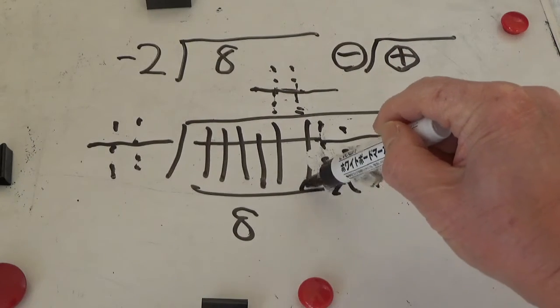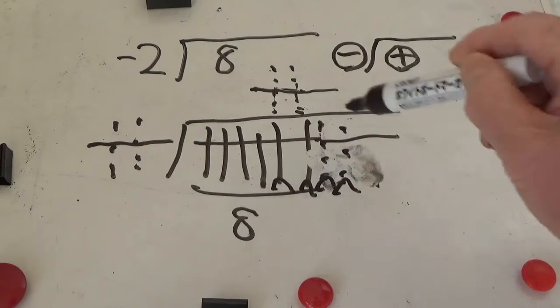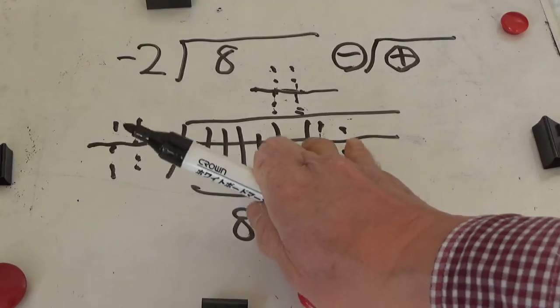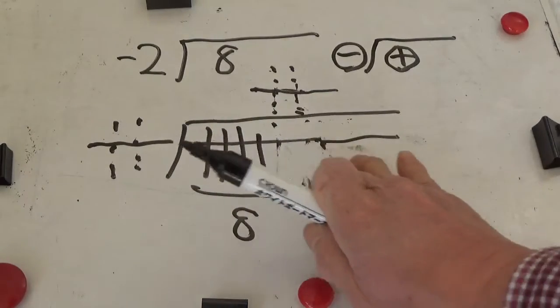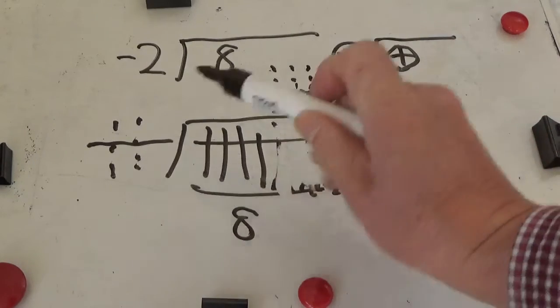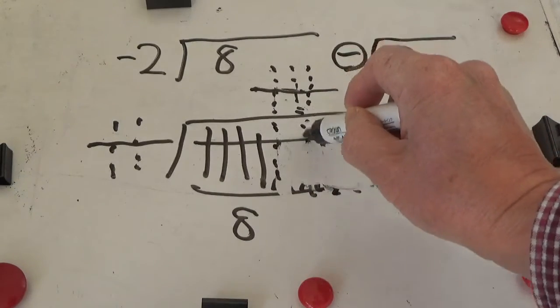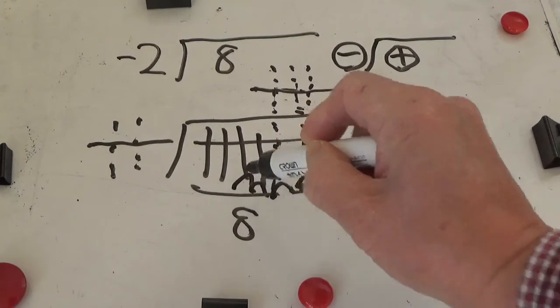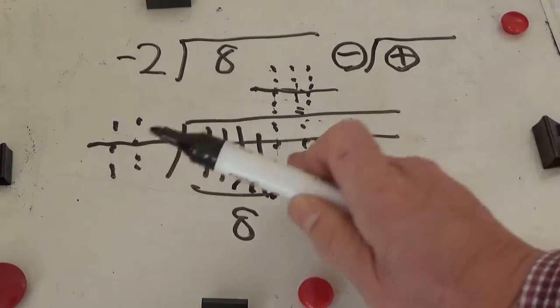And it becomes nearer to 0. Add 3 times. This vanishes and this vanishes. Okay?